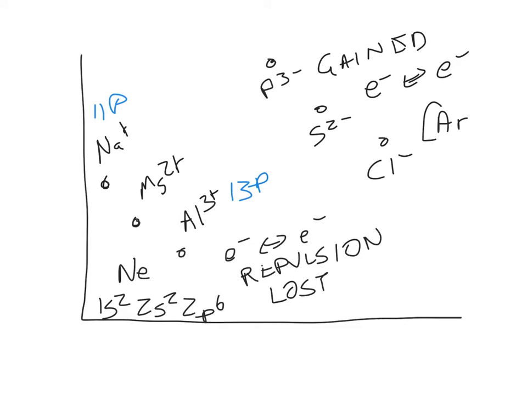They're isoelectronic with argon, but phosphorus has 15 protons. I like writing protons in blue. Phosphorus has 15 protons, chlorine has 17 protons. So we're comparing things with the same 18 electrons, same electron configuration, so we're going to have comparable electron-electron repulsion, but a smaller attractive force, smaller effective nuclear charge for phosphorus.